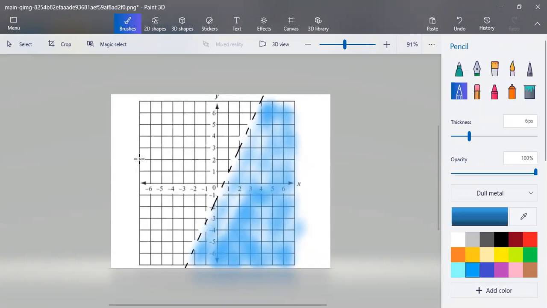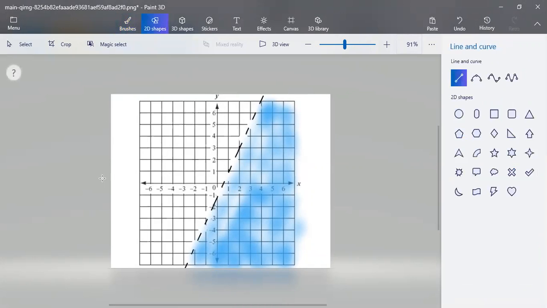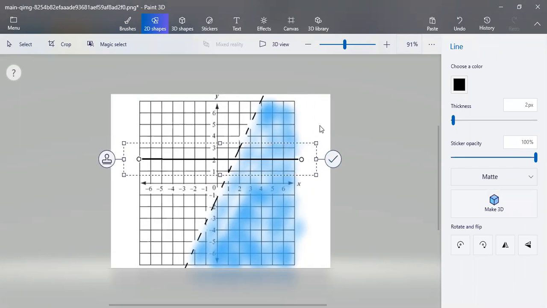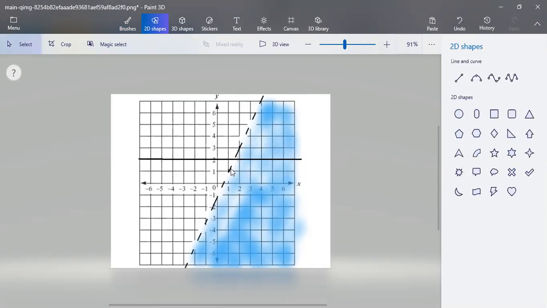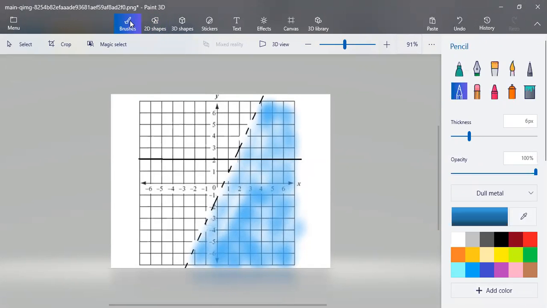So you will be drawing a horizontal line just to cover up this part. This is going to be your line for y is greater than 2. Again, that's going to be a dotted line as well because it only says greater. So I will make that a dotted one.